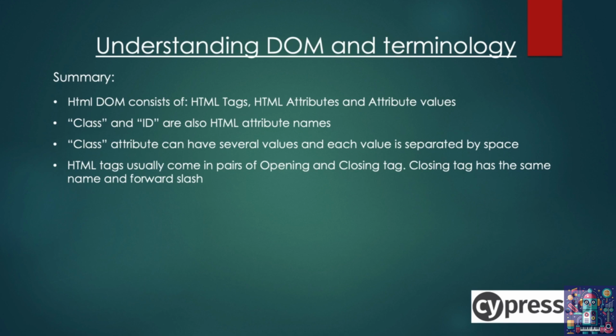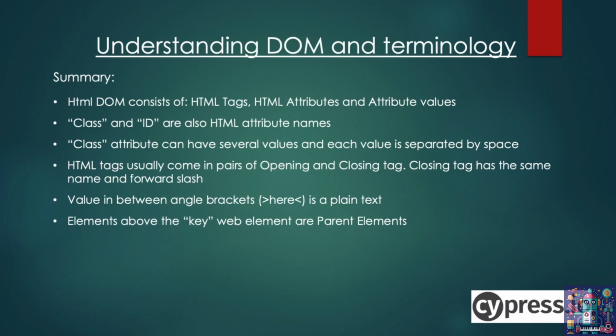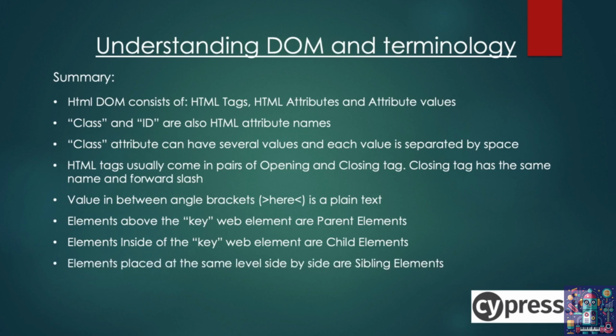HTML tags usually come in pairs of opening and closing tag. The closing tag has the same name and a slash. A value in between angle brackets is plain text. Elements above the key web element are parent elements. Elements inside of the key web element are child elements, and elements placed at the same level side by side are sibling elements to each other.